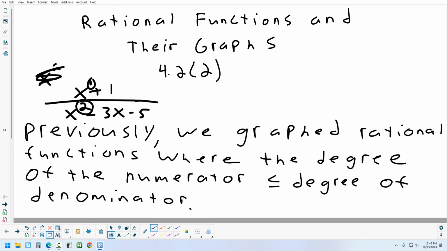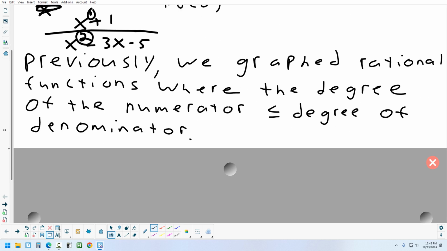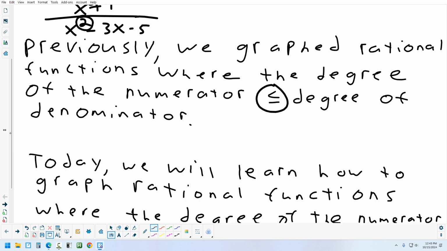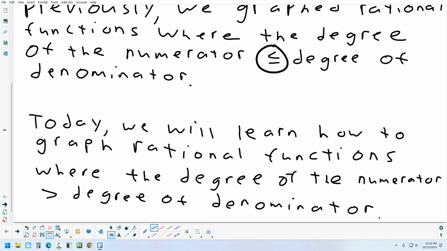Okay. This week, we're going to look at what happens when the degree in the top is greater than the degree in the bottom. Okay, so you don't have to write that down, but that's what we're doing. Now, when the degree in the top is bigger, the graph can start to get more complicated depending on how much bigger.